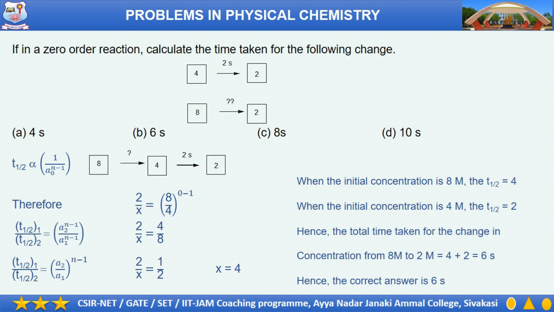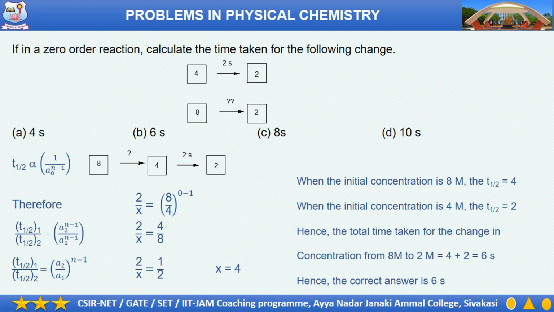For other than zero order reaction, first order reaction, there is a relationship between the initial concentrations. They are going on changing. If it is going on changing, what is the relationship between them?